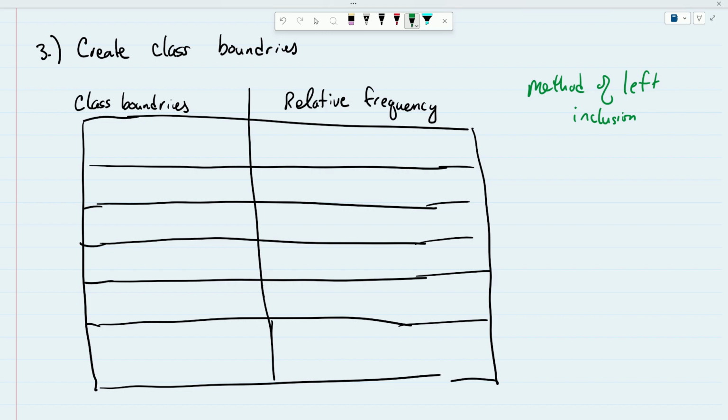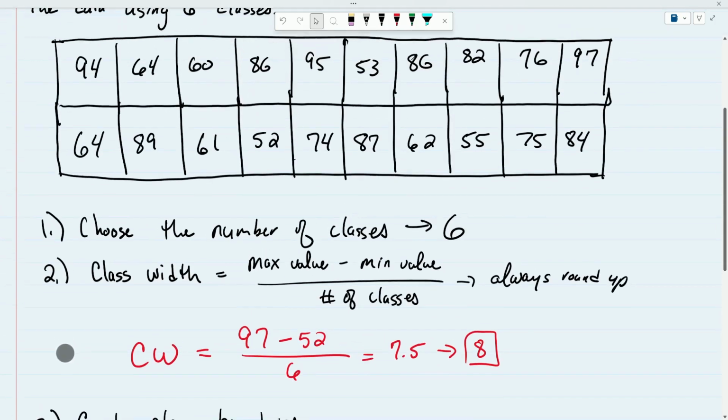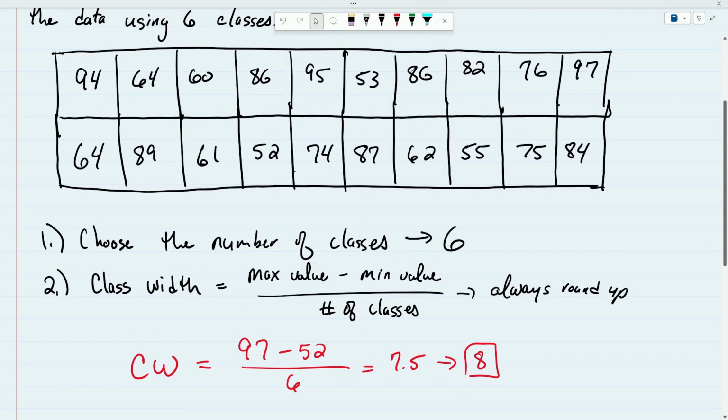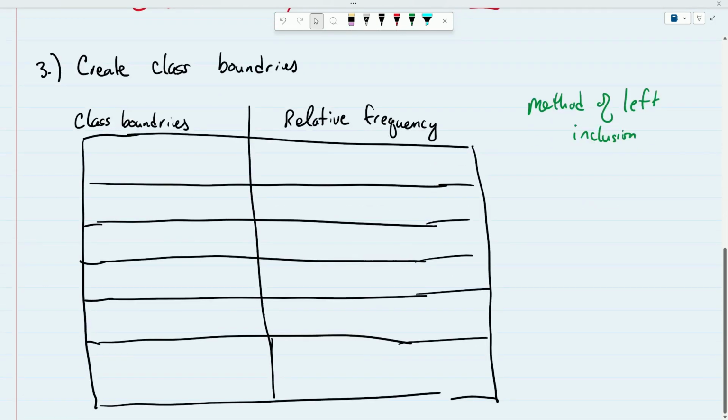And then the right number, in other words, the upper class boundary, we're going to make it just less than that value. So let me explain what I mean here. All right. So when we look at our data set here, okay, we know that the minimum value is 52. That is going to start our first lower class boundary. So this is going to be 52.